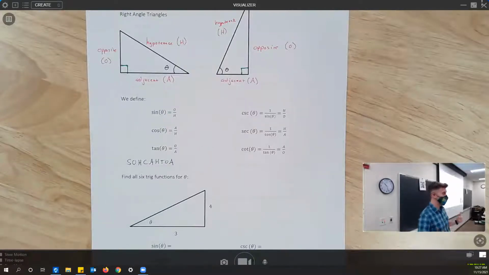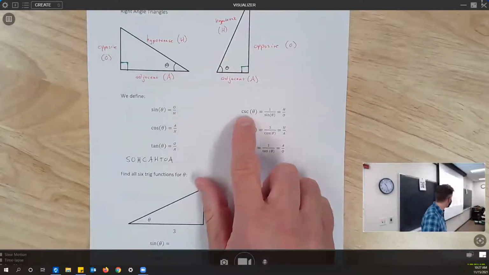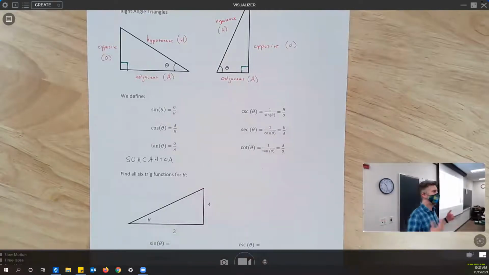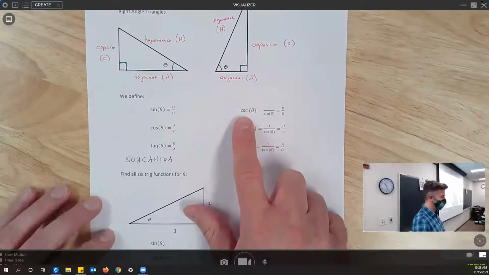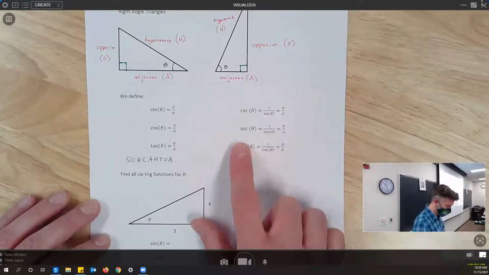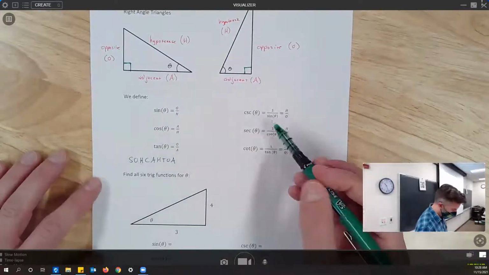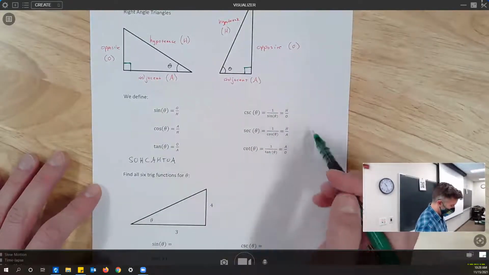But I really do encourage you all, say sine, say cosine, say tangent. Say cosecant, secant, cotangent. It's the correct way of saying it. Anyway, that's how we define these things.